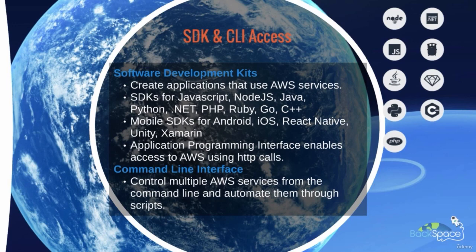It's also possible to access AWS with direct HTTP calls using the AWS REST API. You can also install a command line interface on your desktop, and that will allow you to remotely connect into AWS and also be able to create and run scripts to automate a lot of the processes on AWS.